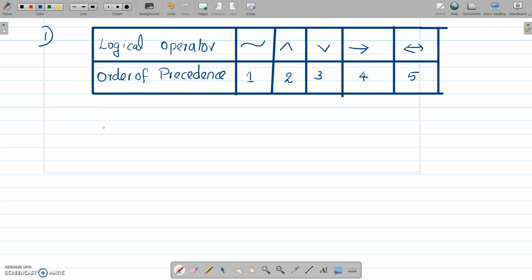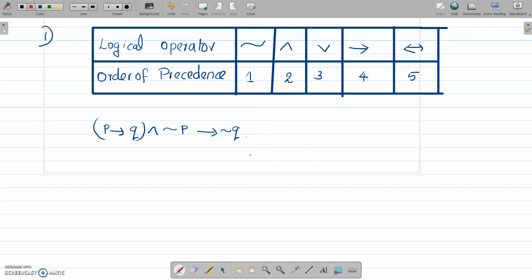For example, consider the expression P implies Q and negation P implies negation Q, suppose the brackets are not given. This is our question. So how can we evaluate this?